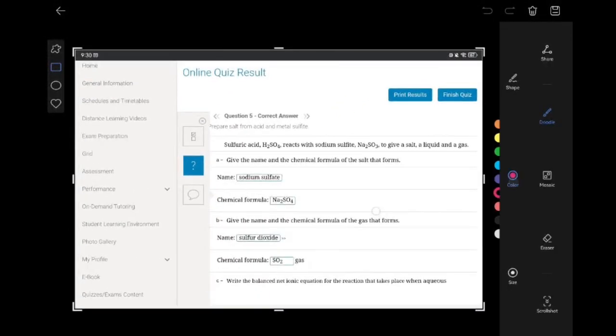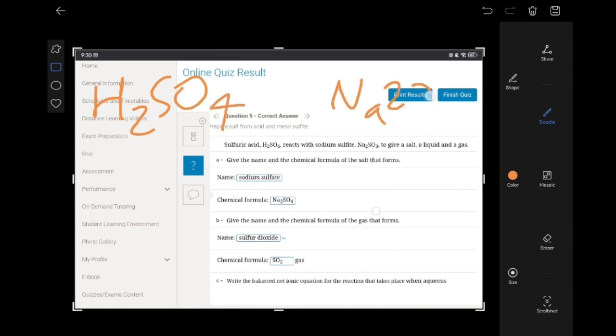Again, to find the salt, you do the same thing. So H2SO4 and Na2SO3.